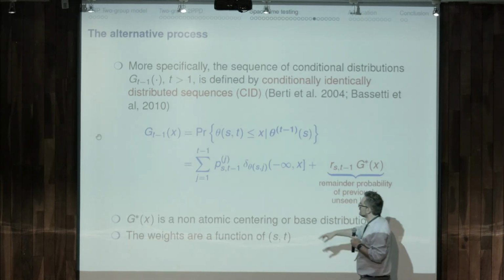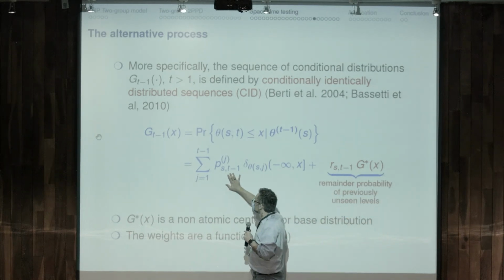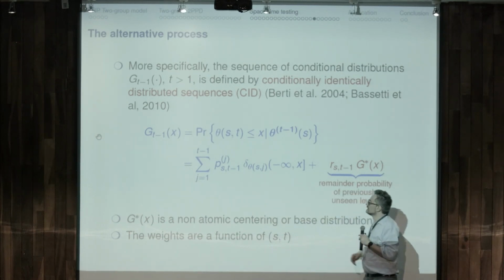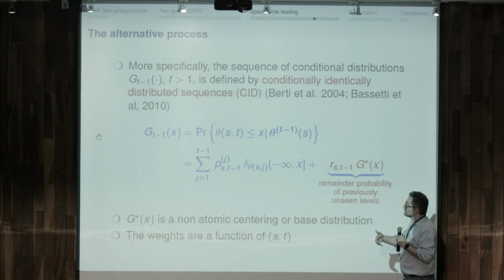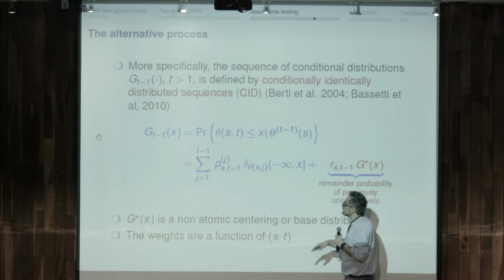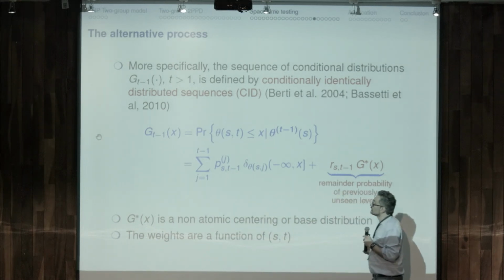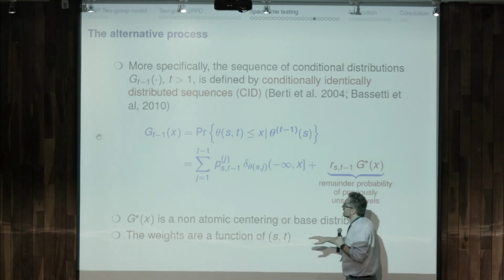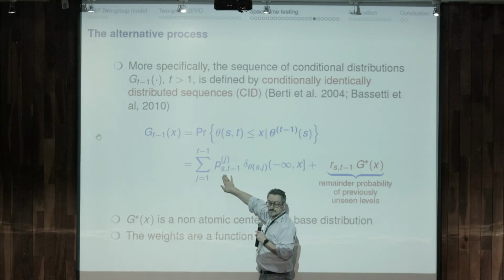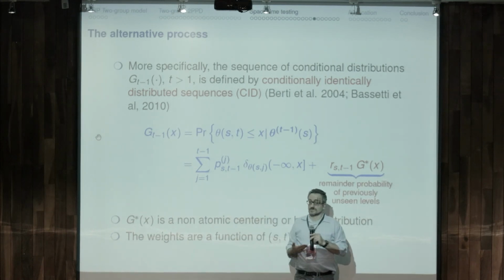Now, the main difference between this approach and what Fernando has done, as presented on Monday, is due to the weights. In this case, the weights are time dependent and possibly also space dependent.